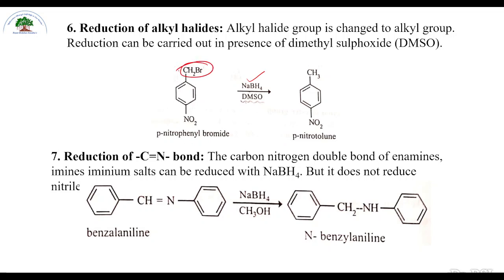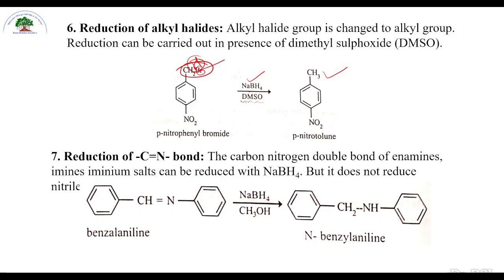This CH2Br is converted into CH3. That means the halogen is removed and replaced by hydrogen, and the remaining structure is as it was in the reactant.